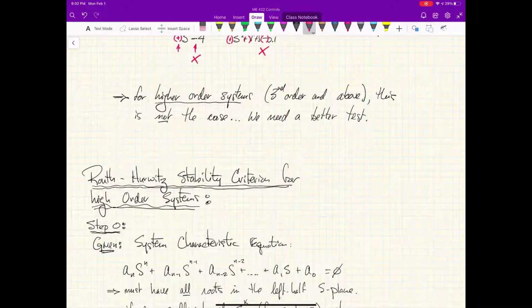You're not always sitting at a computer running Wolfram Alpha or something so that you can punch in a complicated looking characteristic equation and get all the roots so you can tell whether or not any of them are on the right-hand S-plane. And you're certainly not always given an S-plane with the poles plotted for you, like a silver spoon in the mouth kind of deal. So this doesn't always happen.